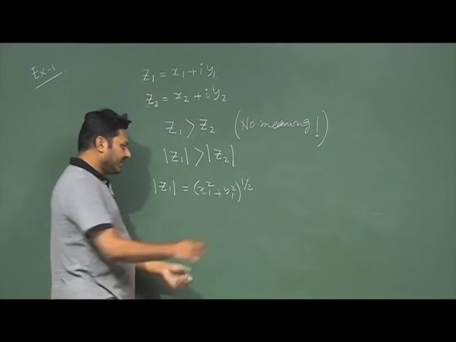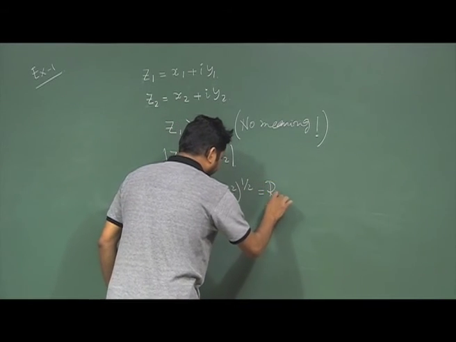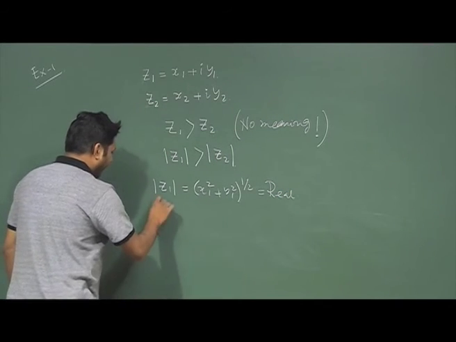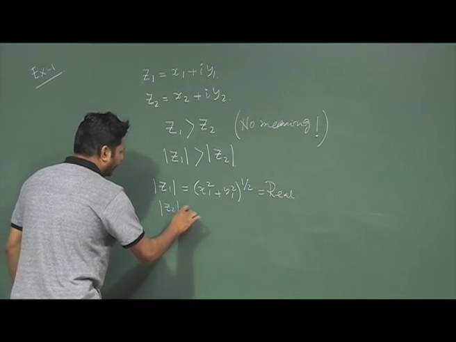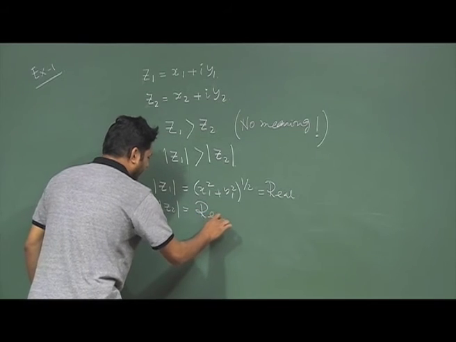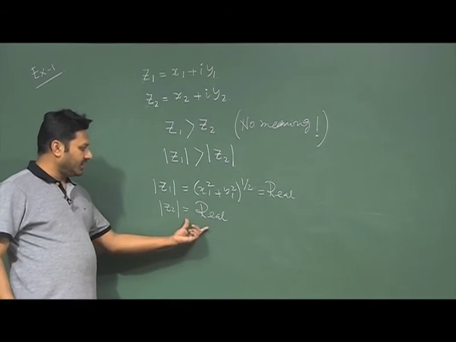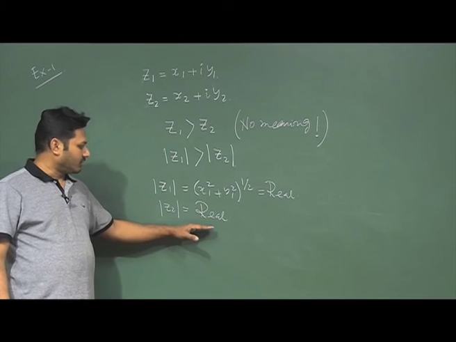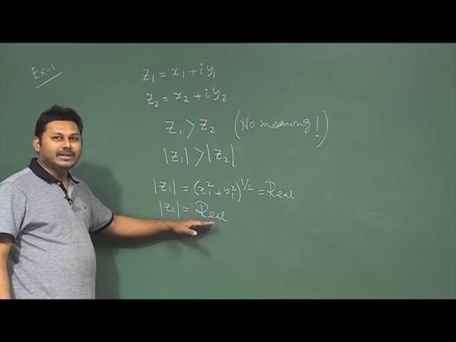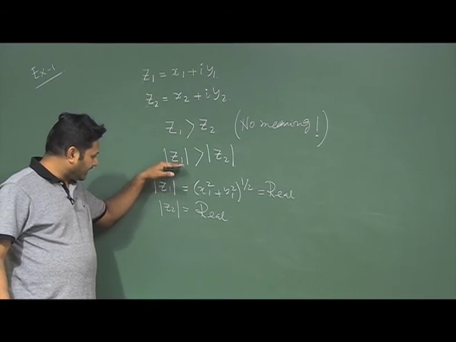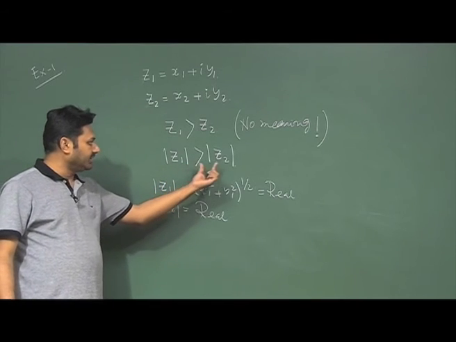So this is purely a real quantity, and mod z2 in a similar way is also real. If I compare real quantities, eventually I am comparing the magnitude of these two.